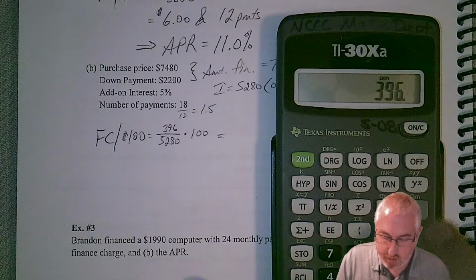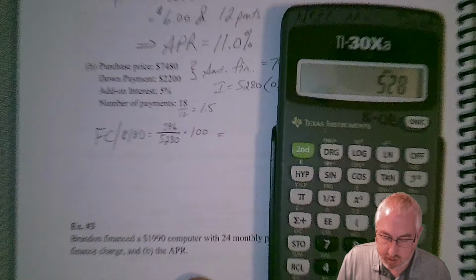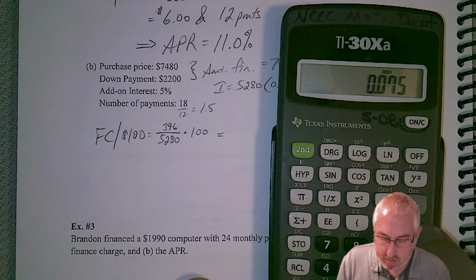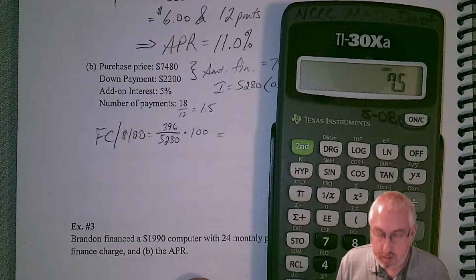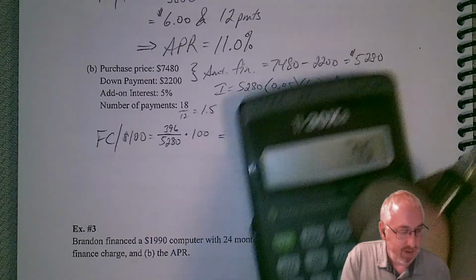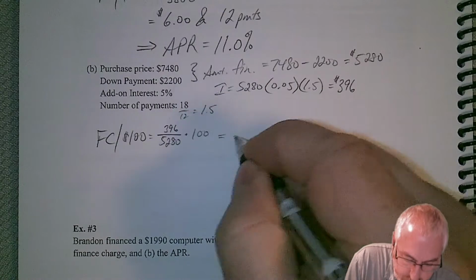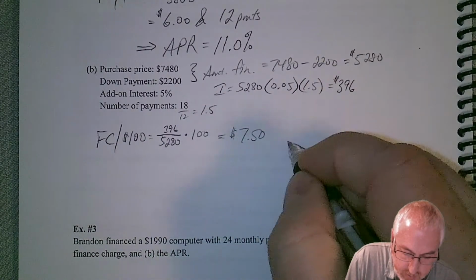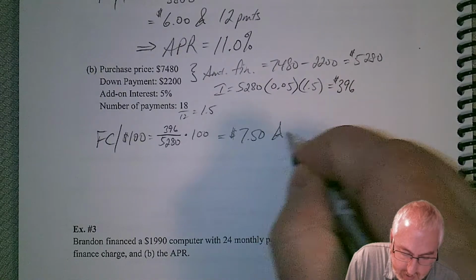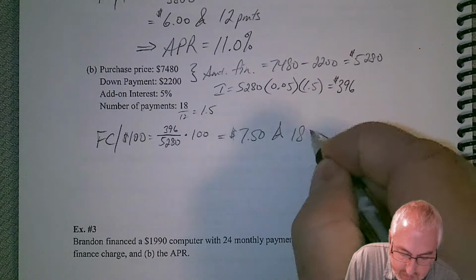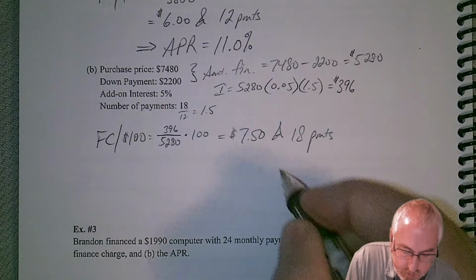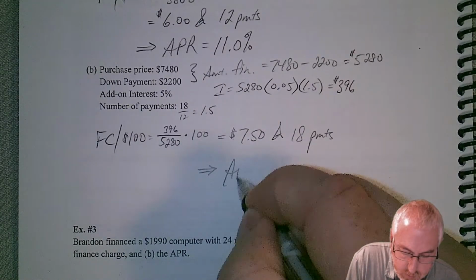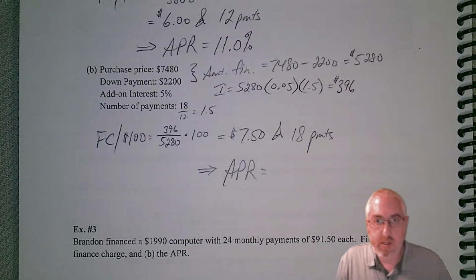So we already got the 396 divided by 5280 is that, times by 100. 7.5. We're getting some nice numbers for those finance charges per $100. So we have that and 18 payments.